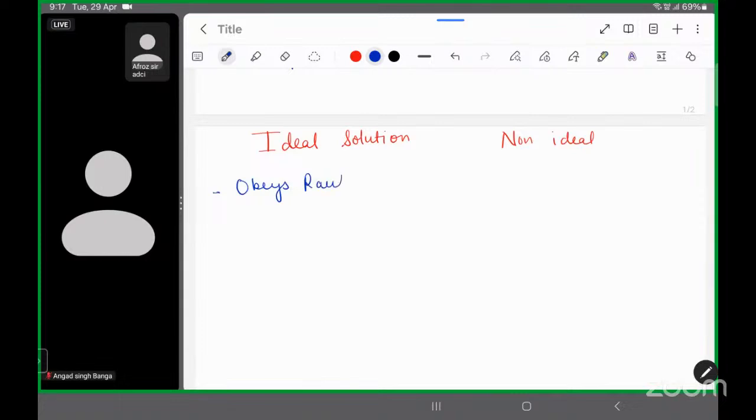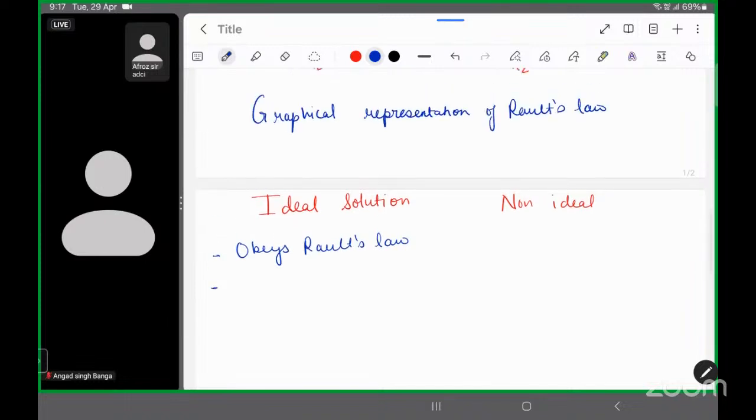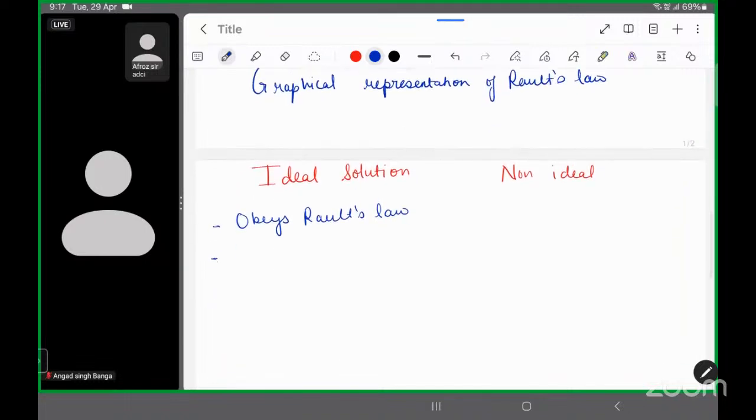Second thing, the important part here is the interaction. Interaction between the solute, solvent, and solvent are all the same. Similar interaction between solute, solvent, and solvent.